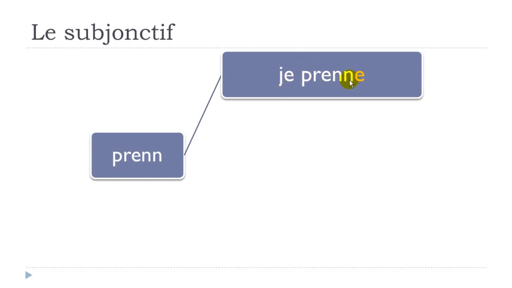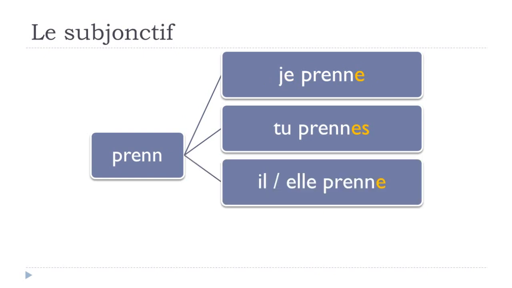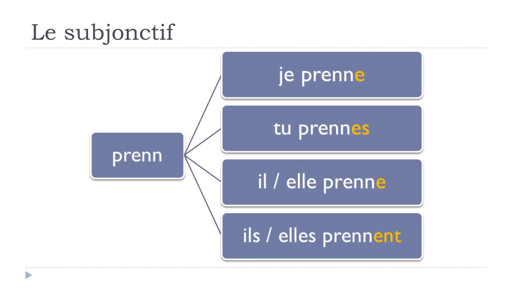Je, so we take it back, it goes here, and we put the ending. The ending for je will be e, okay? The ending for tu will be es. The ending for il, elle will be e, and the ending for ils, elles at the plural form will be ent. If you look carefully, it's not that strange. These endings are quite common, and we've been encountering these endings previously.